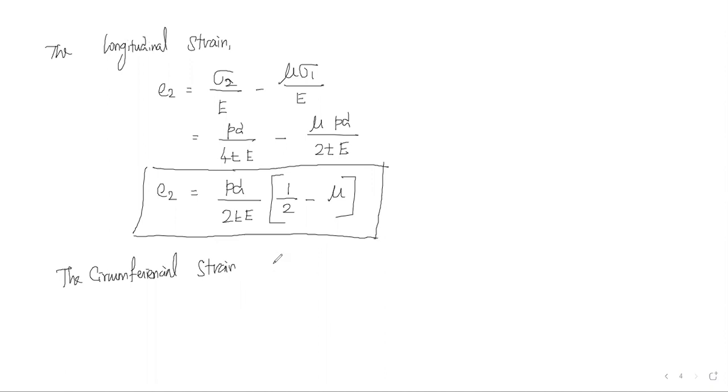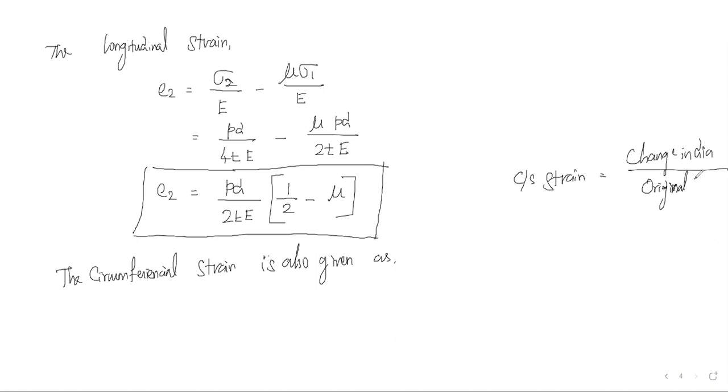So normally we are going to write the strain is equal to change in length, with respect to its original. This is circumferential strain, so with respect to cross section. Okay, so change in dia divided by original dia, this is the common formula.